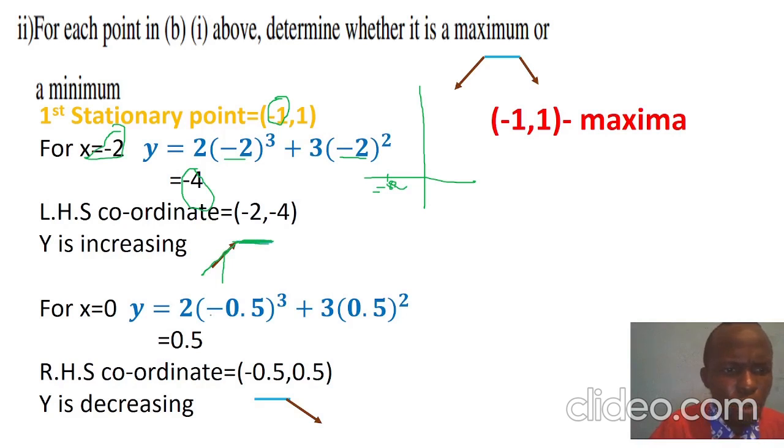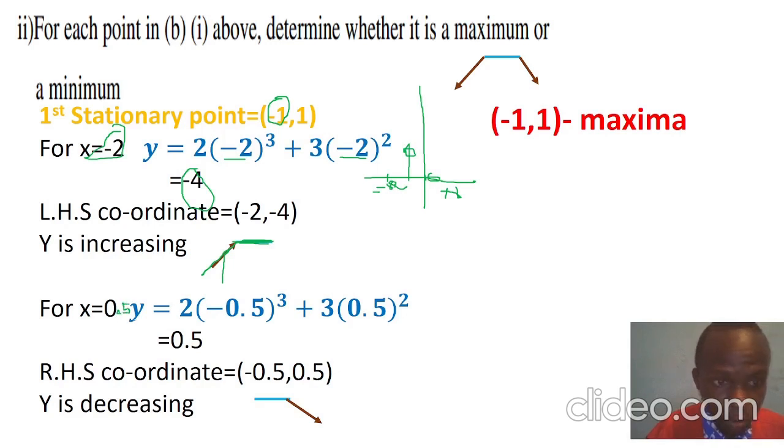Then when you go to the right hand side, compare with the value of y, the right hand side of this, that is the positives. We say let the value of x be 0. Now this is the point on the right hand side, and then you say let the value of x be 0.5.